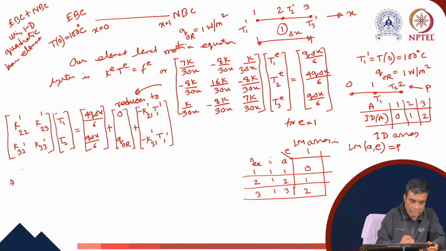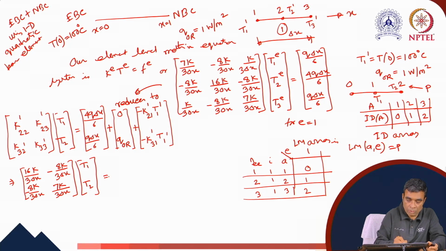We can put the values. So K_221 is 16K by 3 delta x. K_231 equals minus 8K by 3 delta x. K_321 is minus 8K by 3 delta x, and K_331 is 7K by 3 delta x. Here the degrees of freedom are T_1, T_2.